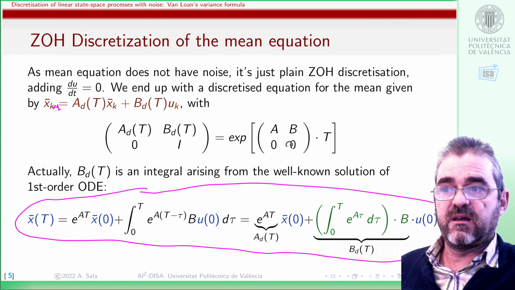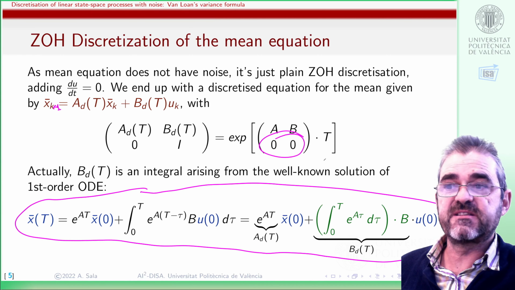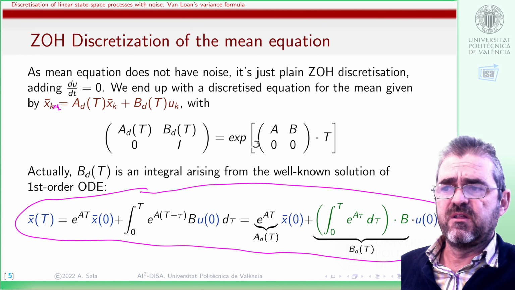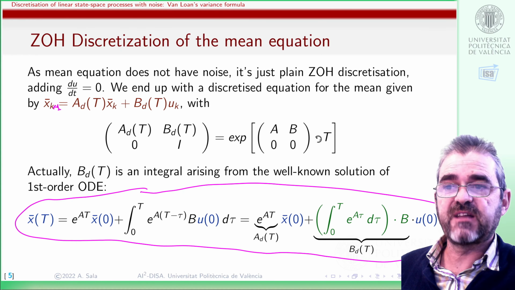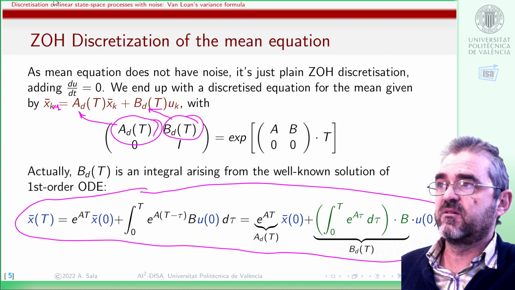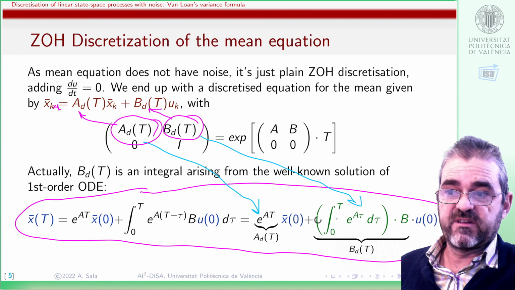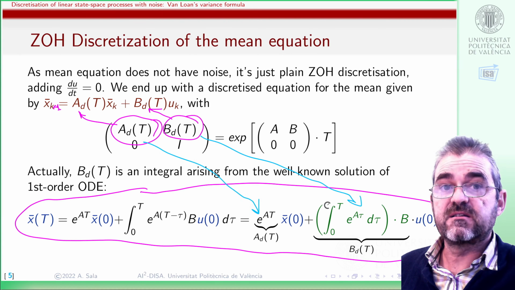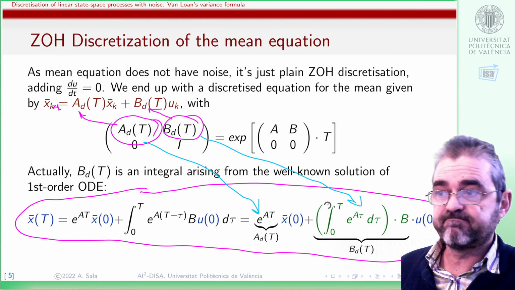Indeed, if we add as many rows of zeros in here as deterministic inputs, then the matrix exponential of this [A B; 0 0] times sampling period gives me AD and BD over there, which of course coincide with these ones. Details are not in the scope of this video for the sake of brevity.